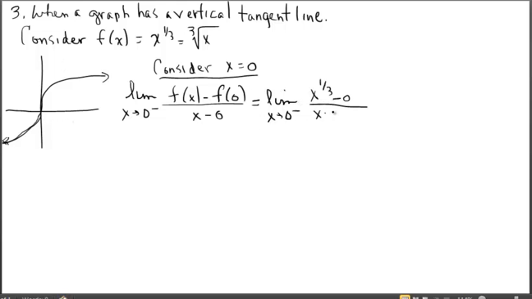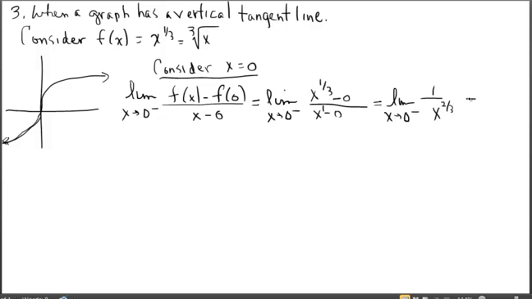And then in the denominator I have x minus 0. Cleaning this up, we see that that's x to the 1/3 over x to the 1st. We can simplify that by subtracting the exponents. So we would have 1 over x to the 2/3 power.